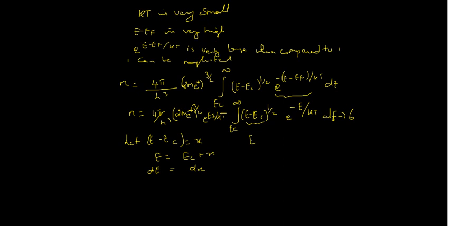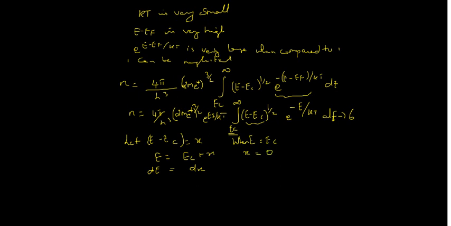Now apply the limits. When E is equal to the lower limit EC, what will happen? X is equal to EC minus EC, which becomes 0. So X is equal to 0.